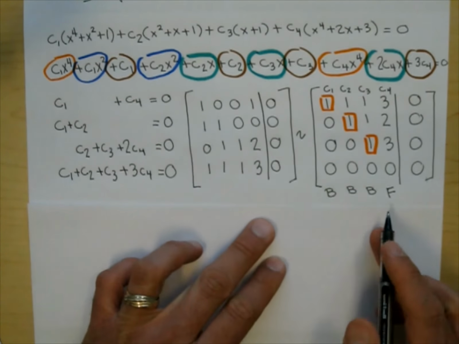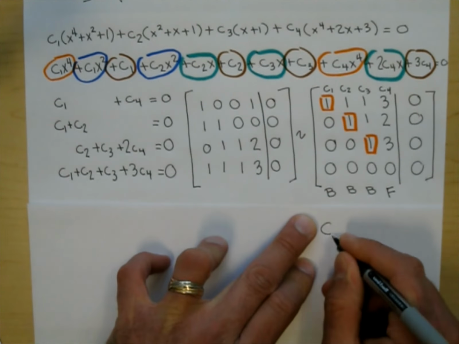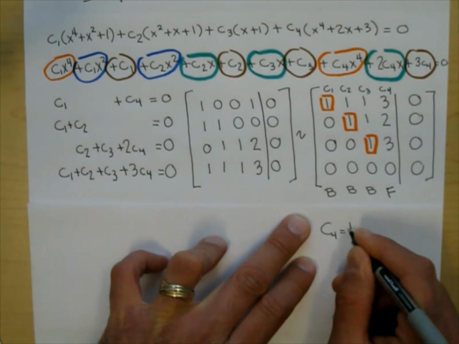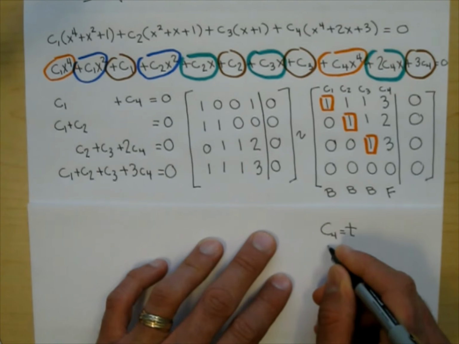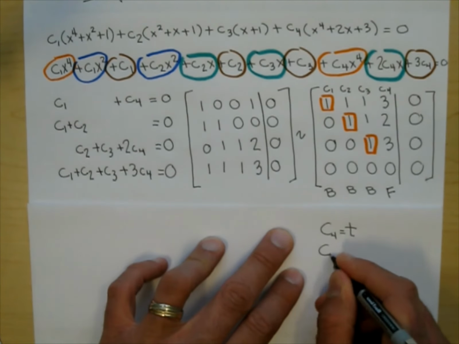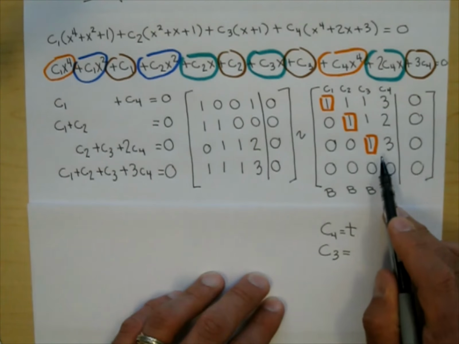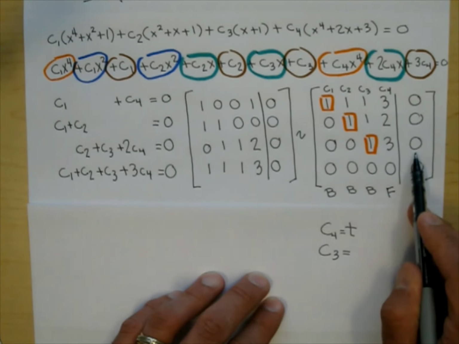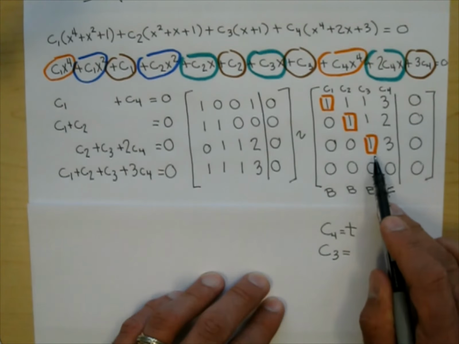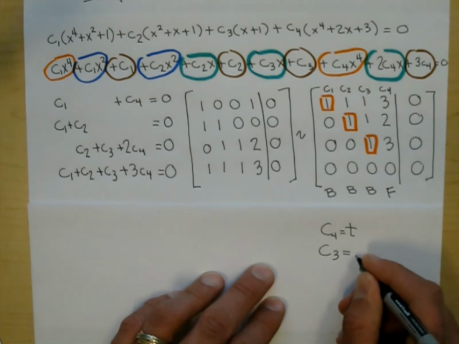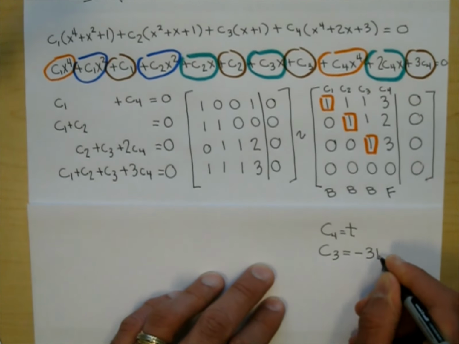Okay, so I'm going to say that C4 is T. Then from the third row, we have C3 plus 3C4 is 0. C3 plus 3T is 0, so C3 is going to equal negative 3T.